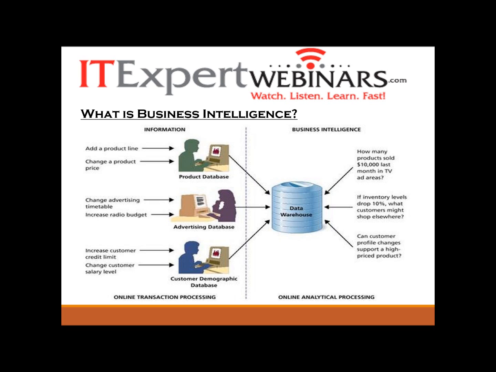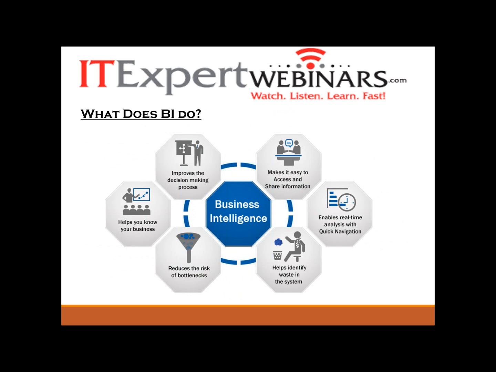The two words on the bottom, OLTP, which is online transaction processing, which is the information collection. And then on the right-hand side, online analytical processing, which is OLAP, which is the business intelligence side, really gaining perspective of your data.